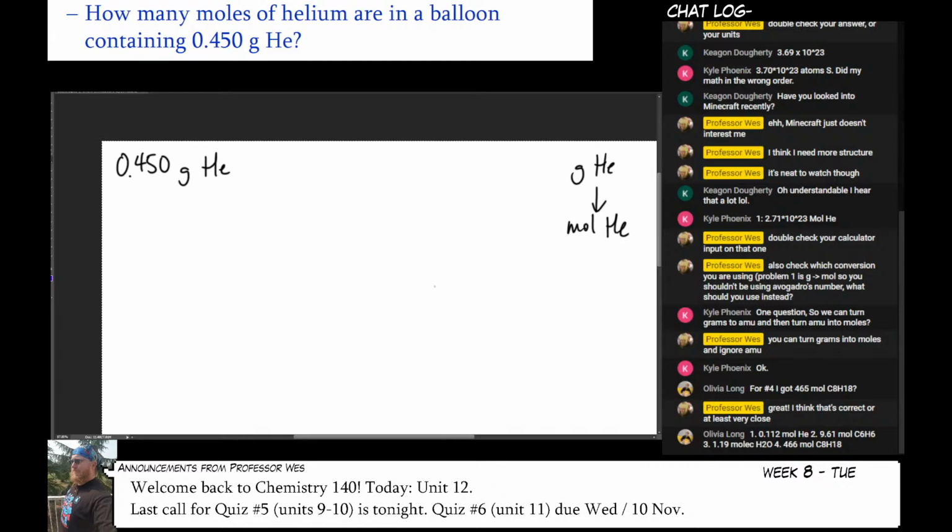Now, if you're ever stuck on these problems, you can draw one of these little maps like I have over here, just to indicate what you're doing for your units. And then set up the units so that the ones you don't want cancel, and you turn them into the ones you do. All right, so how many moles and how many grams are there for helium? According to the periodic table, I have 4.003 grams of helium per mole.